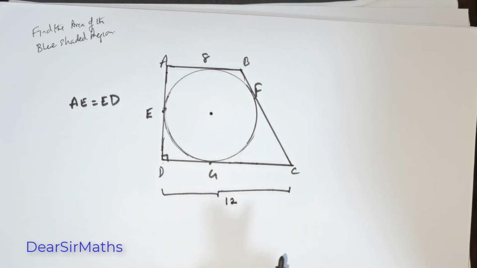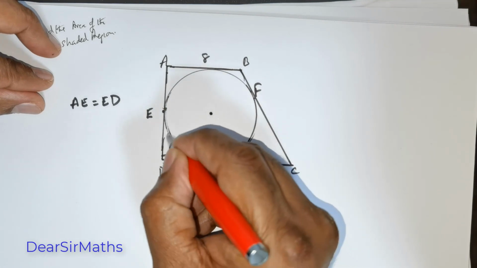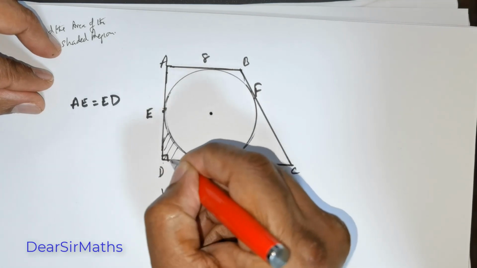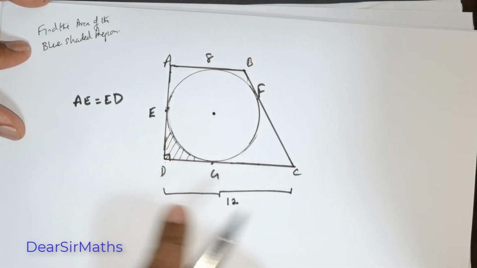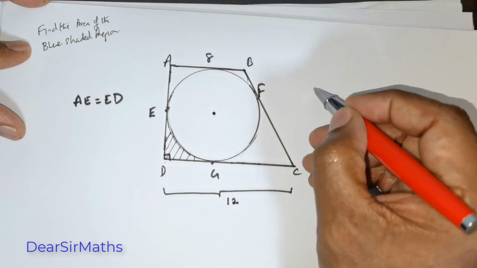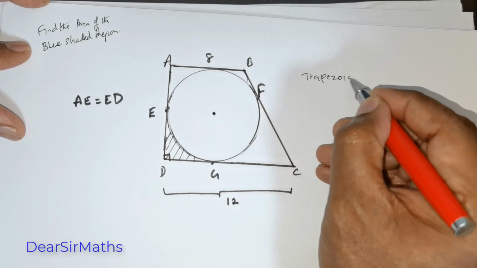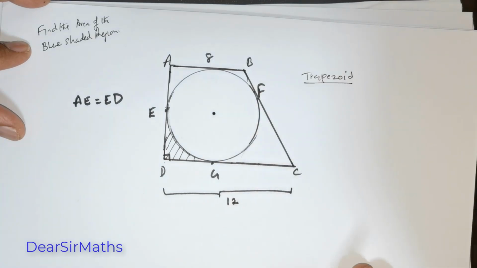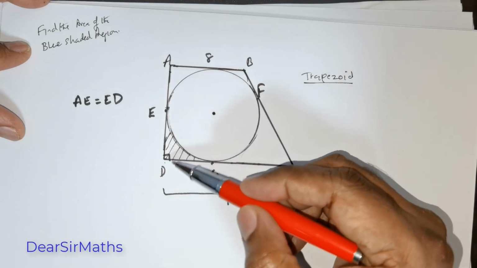Now we are expected to find the area of this region. Okay. Now, foremost, what I wish to do is, this is a trapezoid, and we are expected, as I mentioned to you, to find the area of this region.